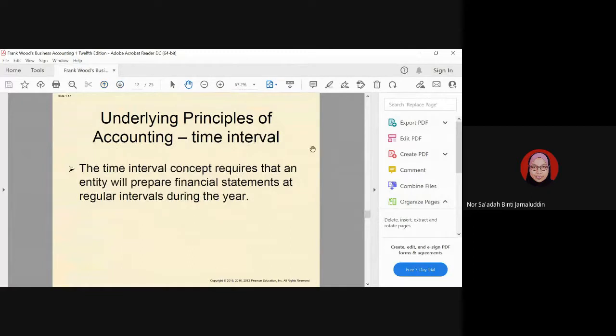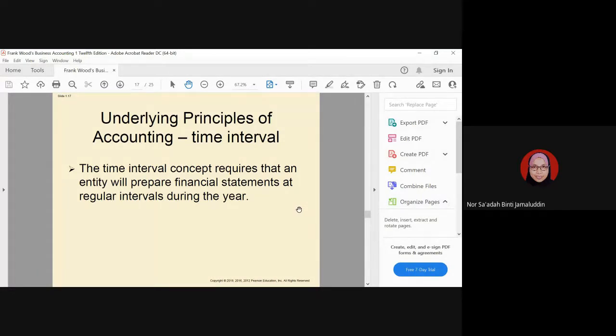Alright, this is time interval. Tadi dual aspect, this is the principle of accounting yang kelima. Then the time interval concept requires that an entity will prepare financial statements at regular intervals during the year. So time interval ni adalah principle yang berkaitan dengan prepare the financial statement. So you must know that all companies must prepare their financial statements at regular intervals during the year, such as maybe quarterly.